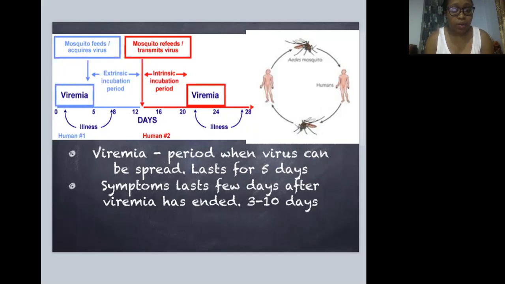That lasts about 5 days, as you can see here. So during the time of viremia, that's a perfect time for the mosquito to bite the human and then transfer it. Symptoms of dengue fever usually last between 3 to 10 days. So it can last longer than the period of viremia.